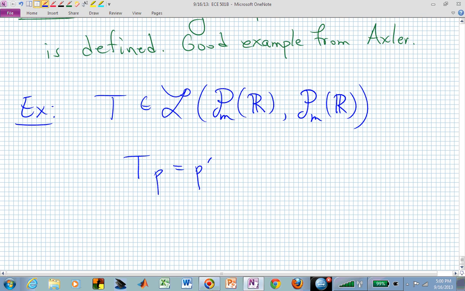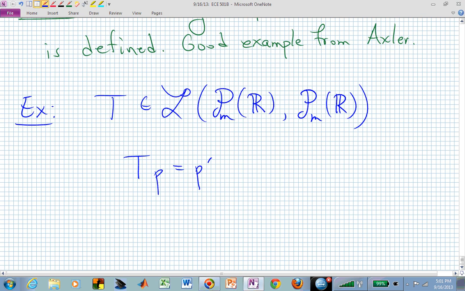So if I give you a polynomial of mth order, that's P of x, and now I take the derivative of that with respect to x, that result does end up in this m-dimensional polynomial vector space, but does it cover the entire set of polynomials in that vector space? If I fix m, let's work with polynomials of order 3.